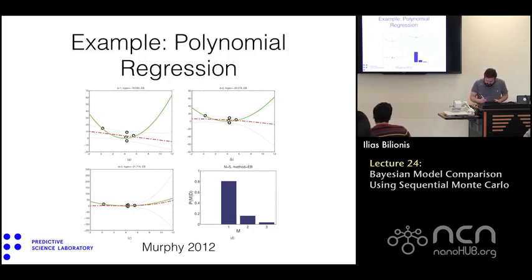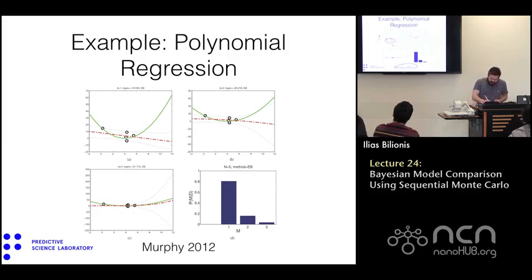And this is taken from Murphy, which is another excellent text on machine learning. And here you see Murphy trying to do regression between X and Y. So this is the data right there. And the data are actually coming from the green line, which is a quadratic function with Gaussian noise.